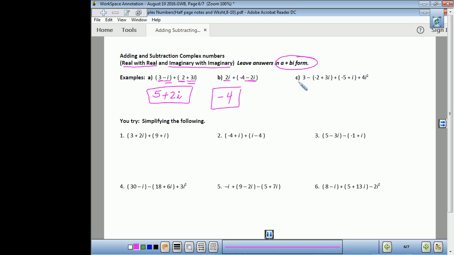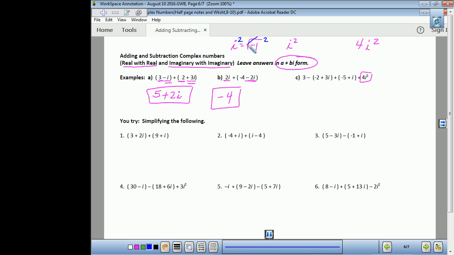Okay, example C. Now when we start to simplify, we're always going to deal with powers first. And I see this last term here, 4i squared, has a power in it. Now yesterday we talked about i squared, actually at the beginning of the homework today. So i squared. Well, if i is the square root of -1, what do we get when we square that?